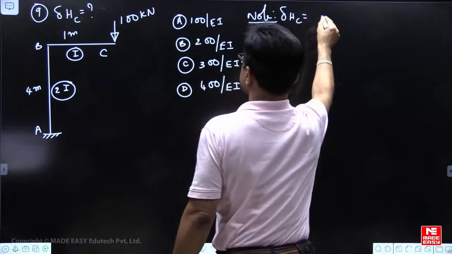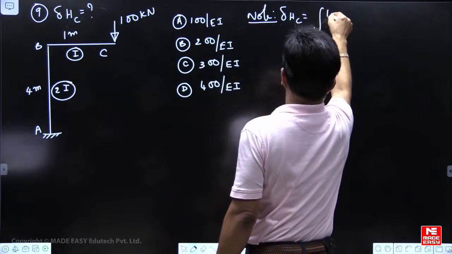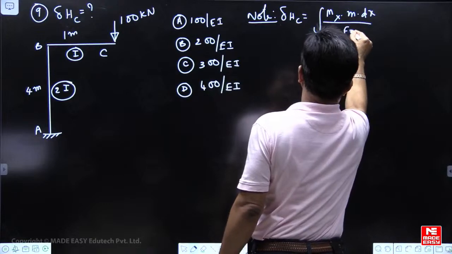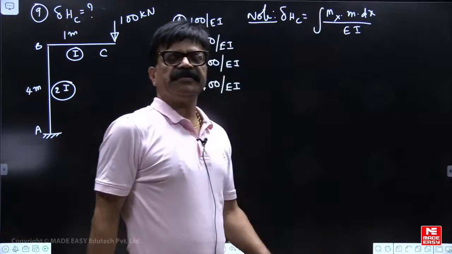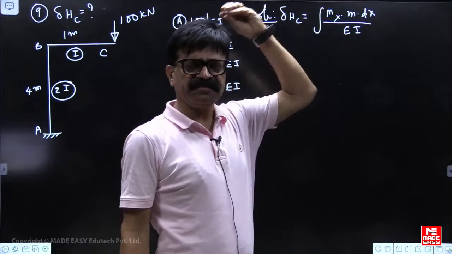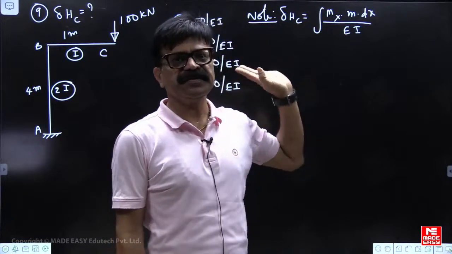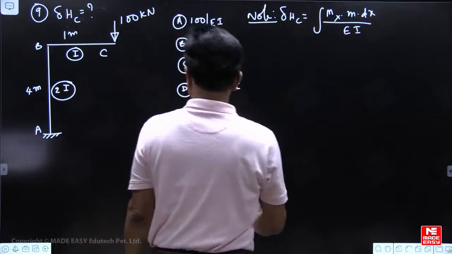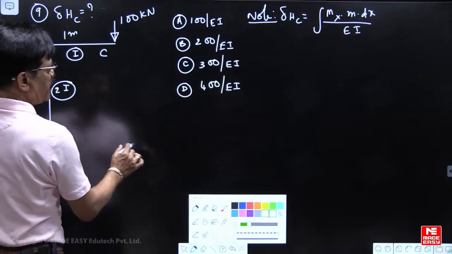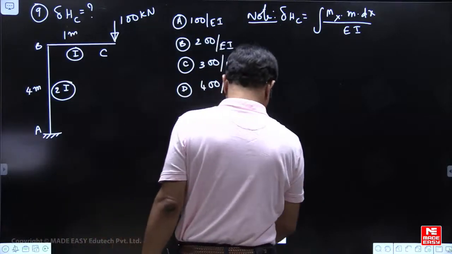Delta HC is the integral of Mx m dx by EI. In the exam, in the rough work, you don't have to explain what is Mx and m, we assume that we know. So we will take up the Mx and m diagrams and write them here itself.